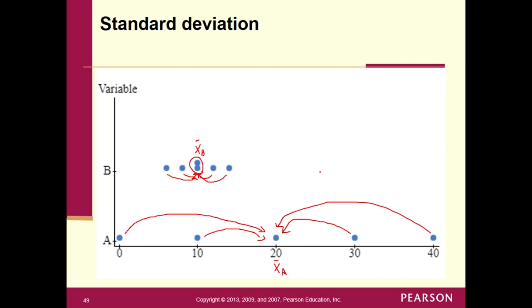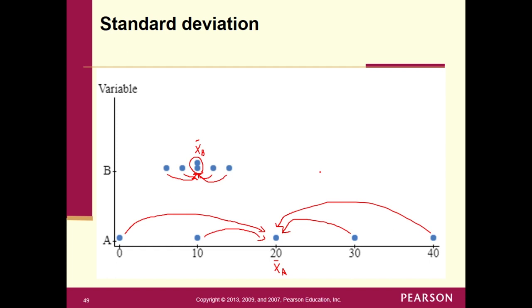And why do we have to do all that squaring? The reason is because, remember, I told you when you summed up all the deviations, they always add up to 0 for every single data set. That's kind of useless. We wanted to somehow utilize these distances, it's just that we had to get rid of the compensating positives and negatives.